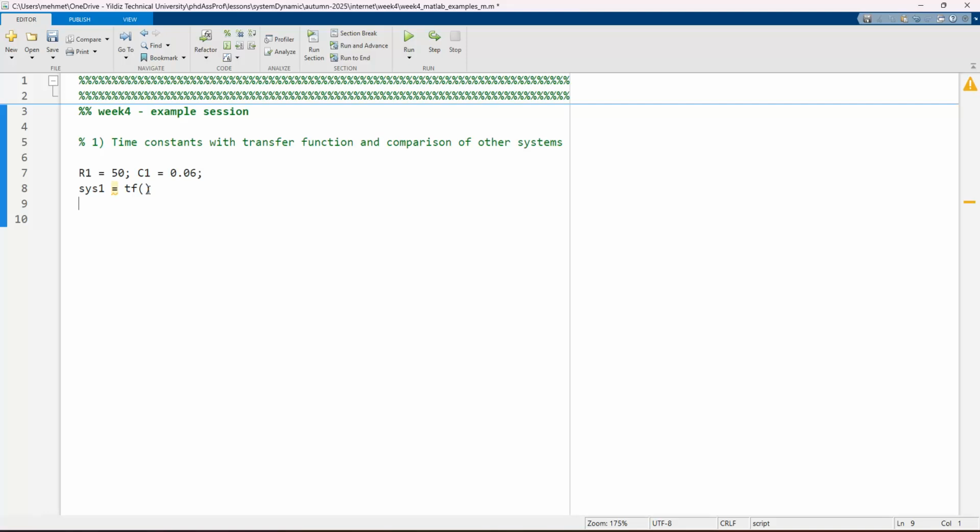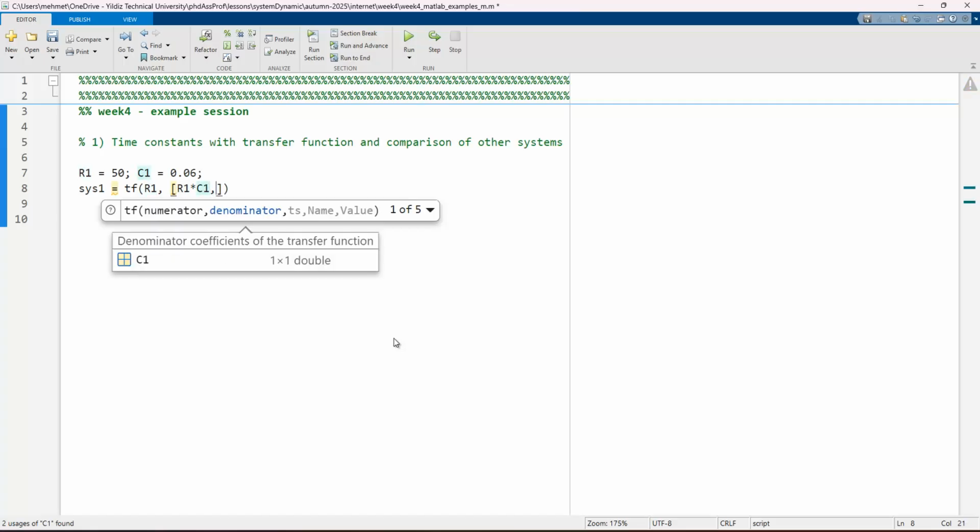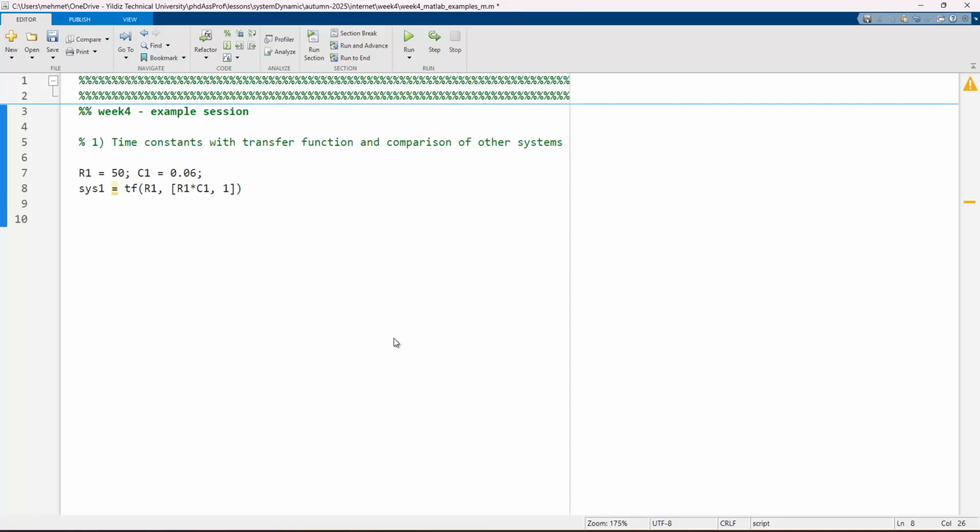TF is a function to build the transfer function. In the first parameter we need to give the numerator, in the second parameter we need to give the denominator. So R1, and after that, C1 comma 1 defines our system.